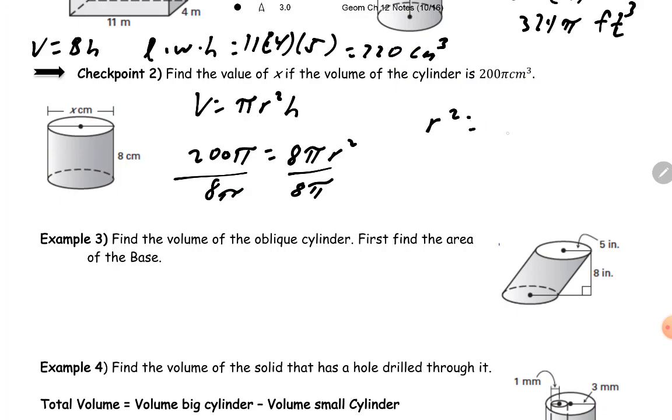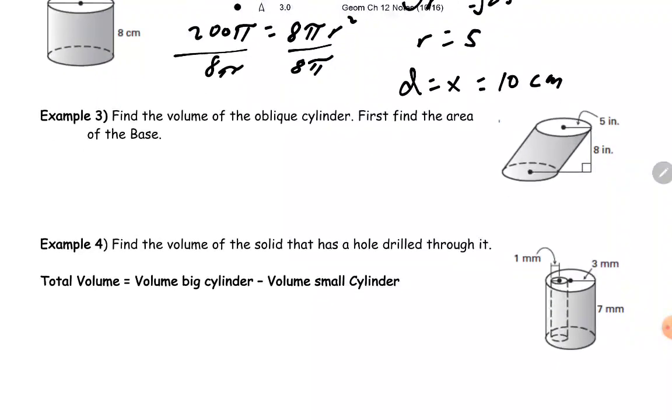And we'll get r squared equals 200 divided by 8, 25. So r squared is 25. Take the square root. R is 5. That's the radius. So the diameter, which is x, is 2 times that, which is 10 centimeters.